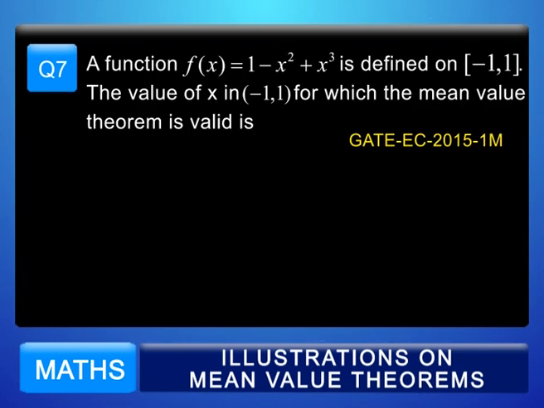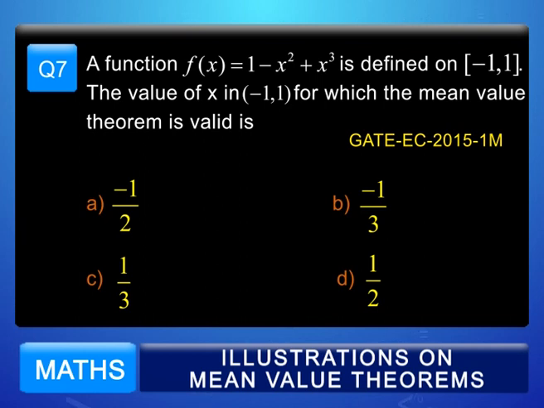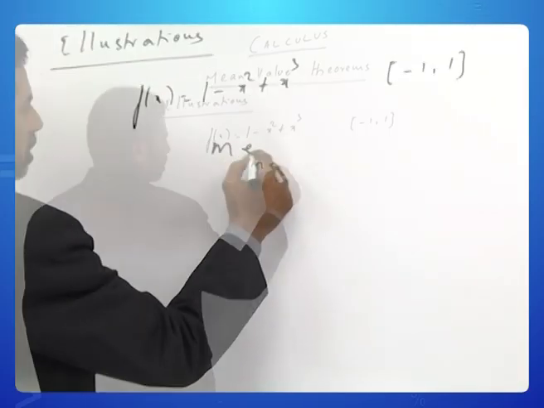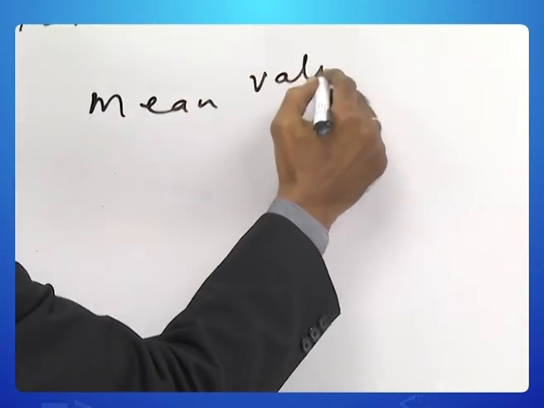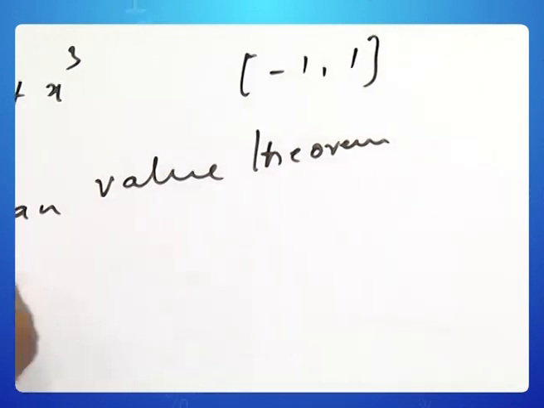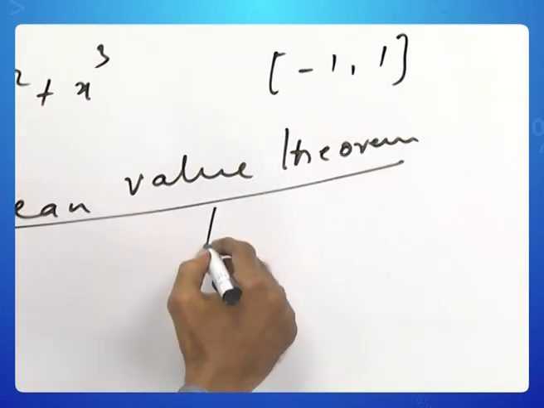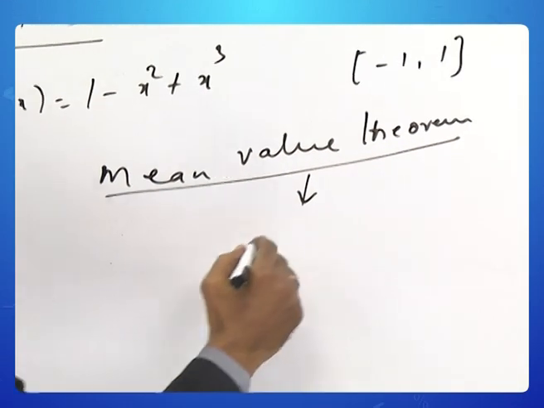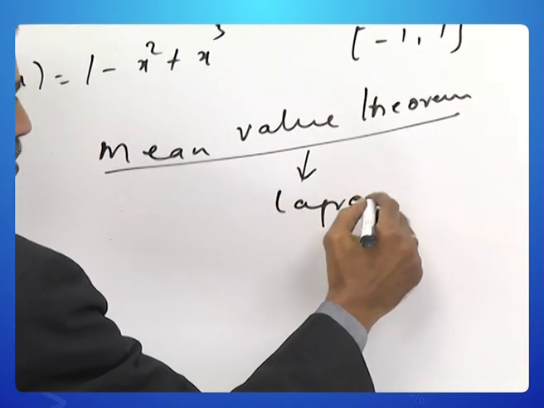Question number 7. A function f of x is equal to 1 minus x square plus x cube is defined on the closed interval minus 1 to plus 1. The value of x in open interval minus 1 to plus 1 for which the mean value theorem is valid is. So there is a reference to mean value theorem. Mean value theorem in differential calculus by default means Lagrange's mean value theorem.